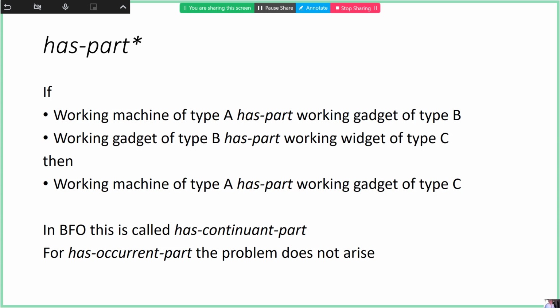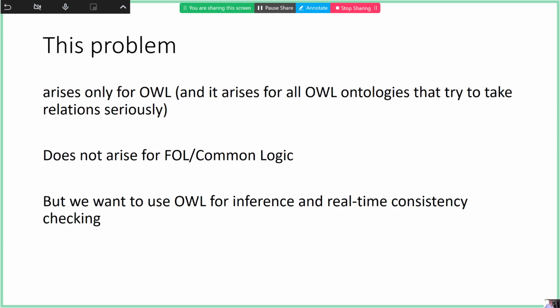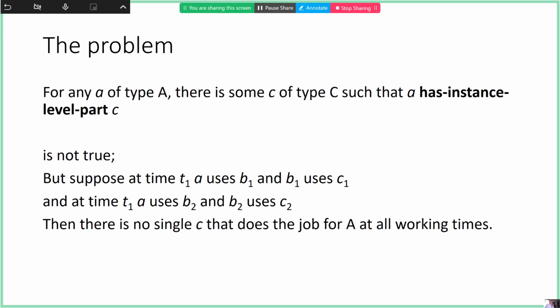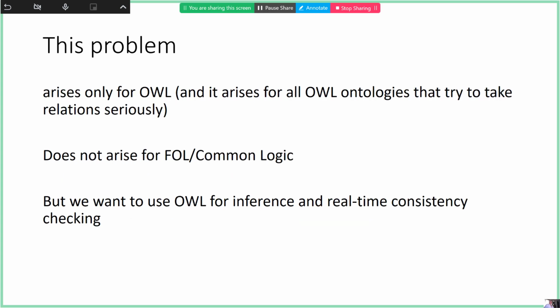And that means for every single type of machine and for every single type of machine part, the specifications will be formalized using axioms like this. Okay. All right, so the problem arises only for OWL. It doesn't arise if you're using first order logic or common logic, because there you can have ternary relations and you can specify exactly what the restrictions are on your temporal replaceability.